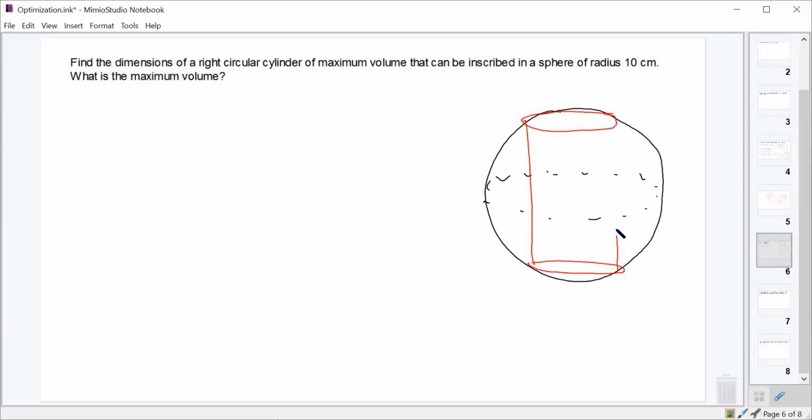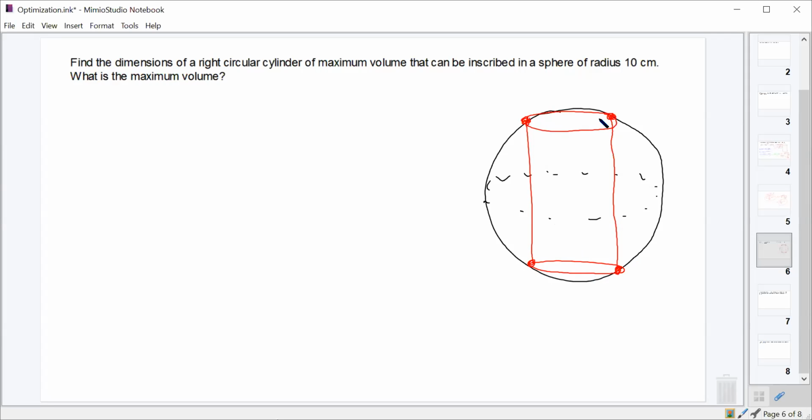My picture is not perfect, but the cylinder is not going outside of that sphere. Those are tangent. Every point along this base of my cylinder is touching an outer portion of that sphere at some point. Same with this other base. And then it drops straight through the middle of it. So it's kind of like we drilled a hole through it or something similar to that.